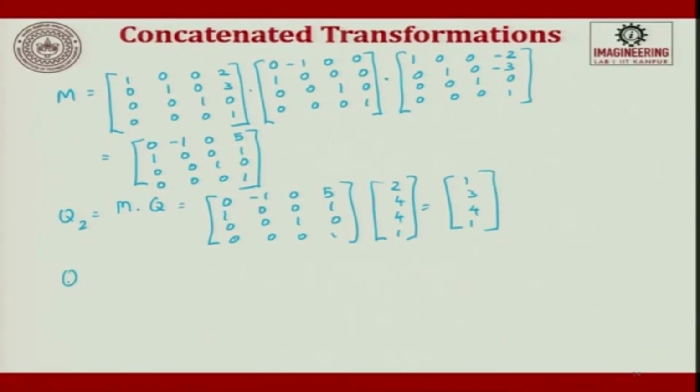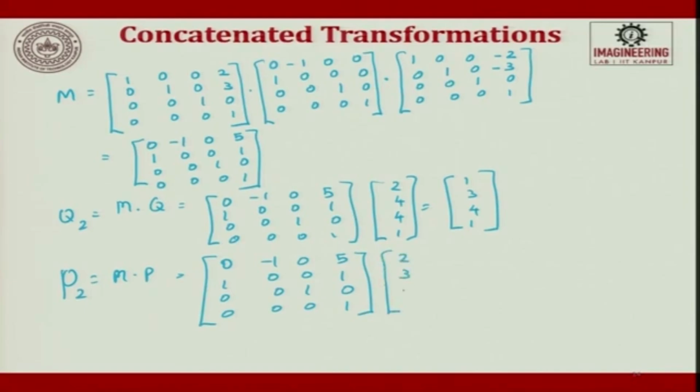When we try to do P2, you have 0 minus 1 0 5 1 0 0 1 0 0 1 0 0 0 0 1, and then you multiply by P. What is P? 2 3 4 1. What we get answer is 2 3 4 and 1.